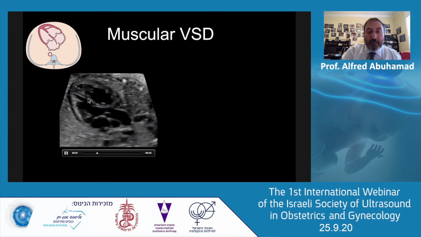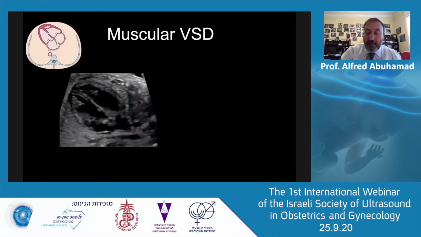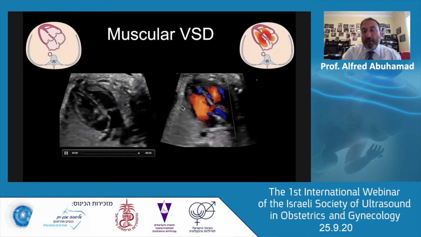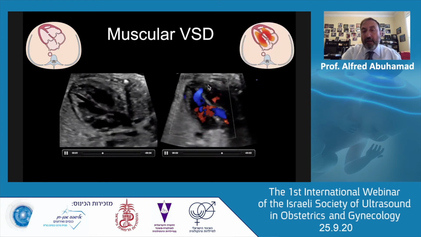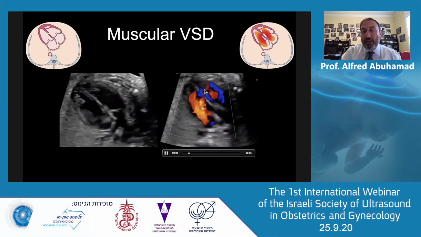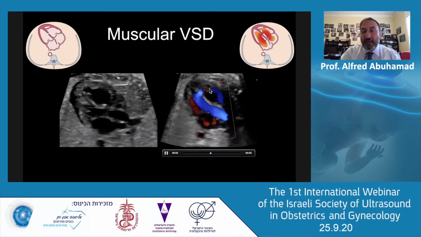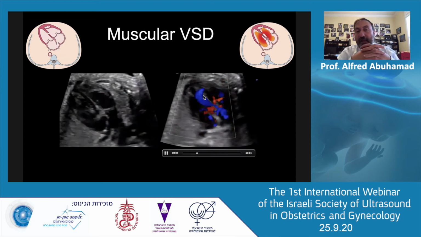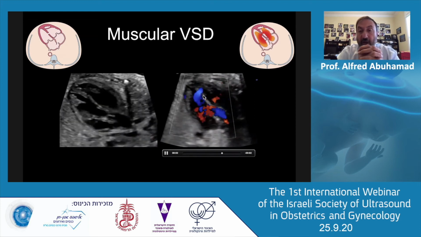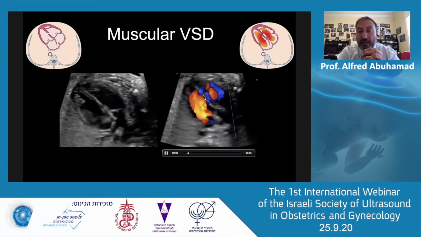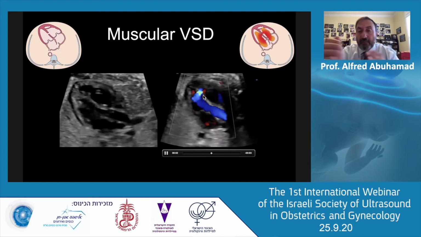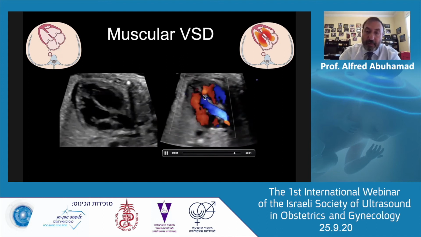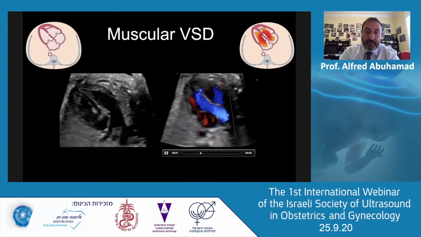Now I know I'm suspicious, maybe there is something here, but look how helpful color Doppler is. Clearly shows the septal defect and shows, you could see that brightness in color at the level of the defect because of the increased velocity of blood through the defect. But also, if you look closely, the blood flow is bidirectional, going back and forth through that VSD.